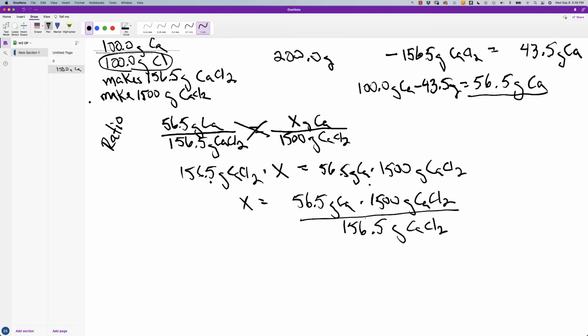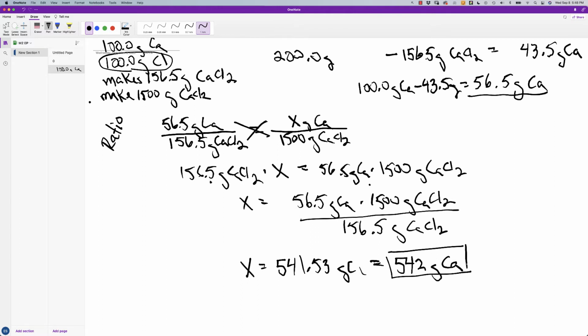When we do all the math here, it tells us that X is equal to 541.53 grams of calcium. And when we take our significant figures into account, which we've got 3 here, this number goes down to 542 grams of calcium. This is how much calcium is needed.